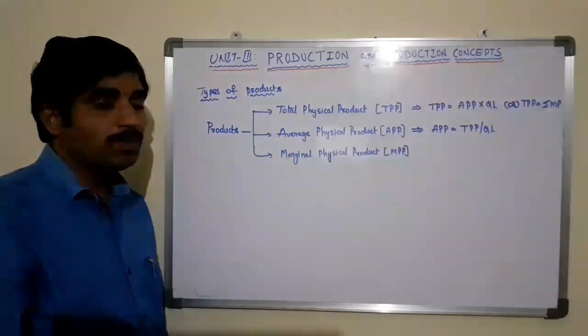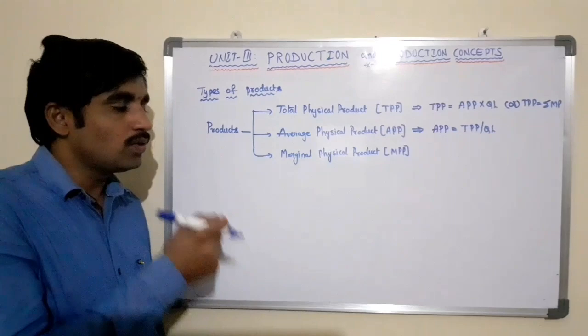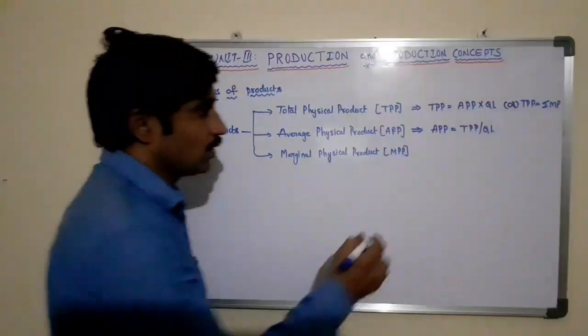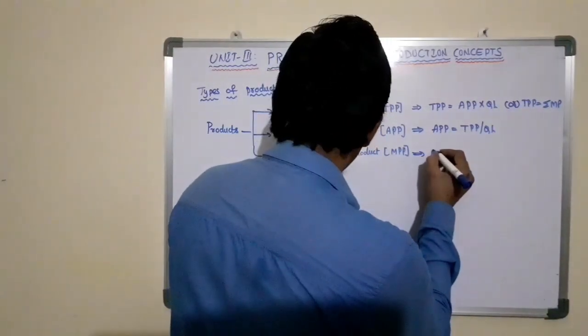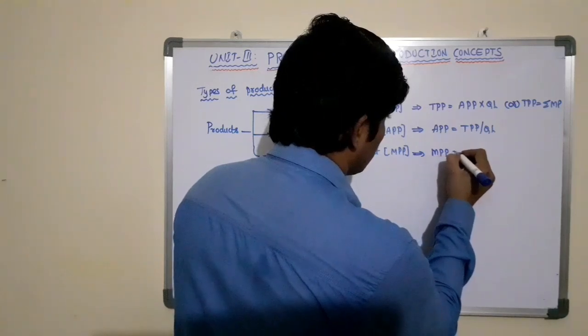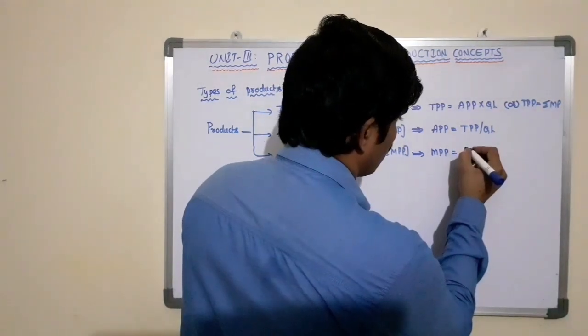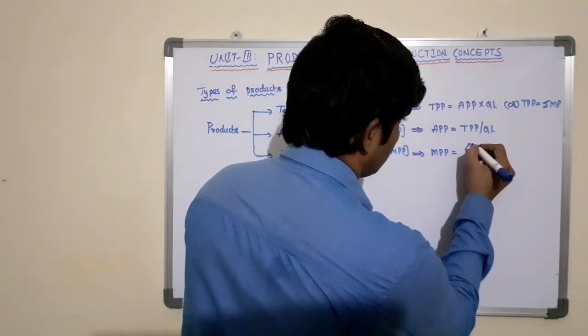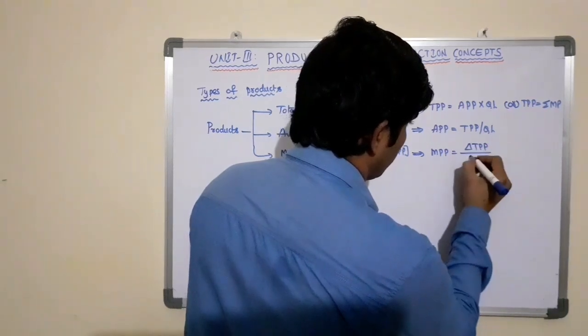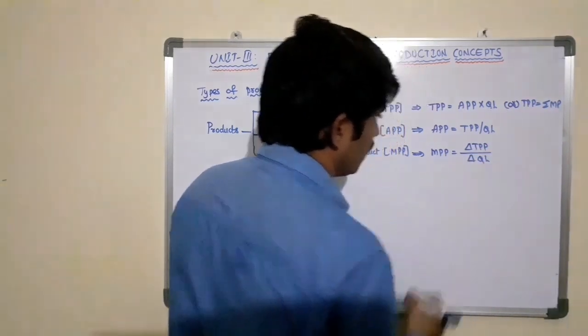The marginal physical product is the difference in total production by the difference in quantity of labor.